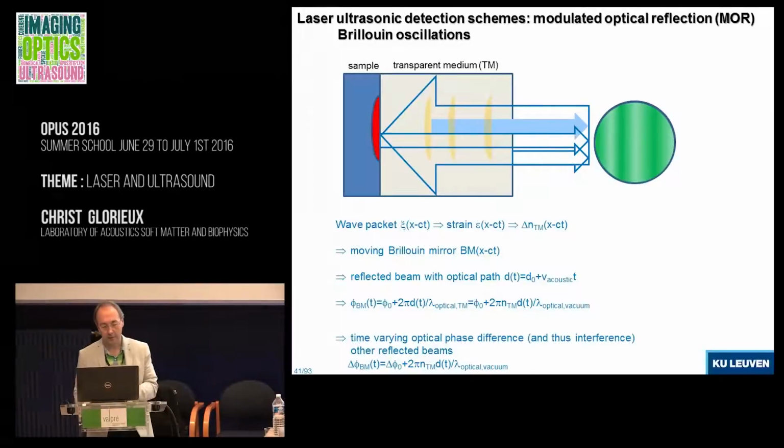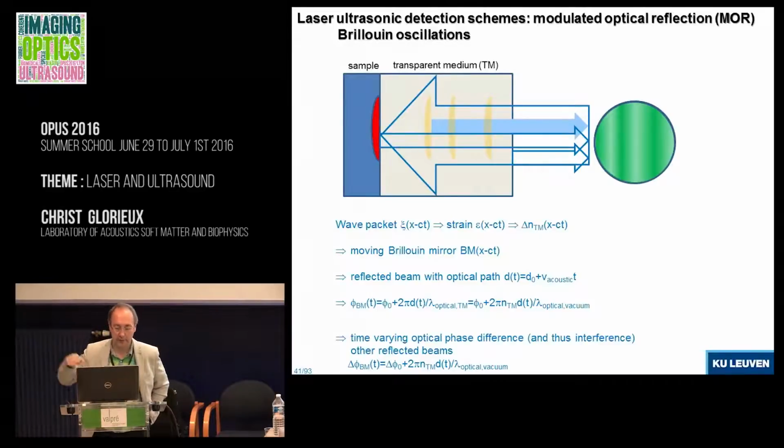This kind of oscillation is called, again in French, Brillouin oscillations. So this is a kind of coherent Brillouin scattering induced by your own laser pulse.